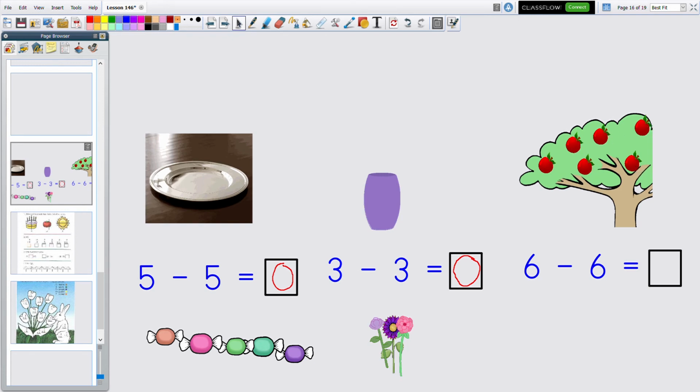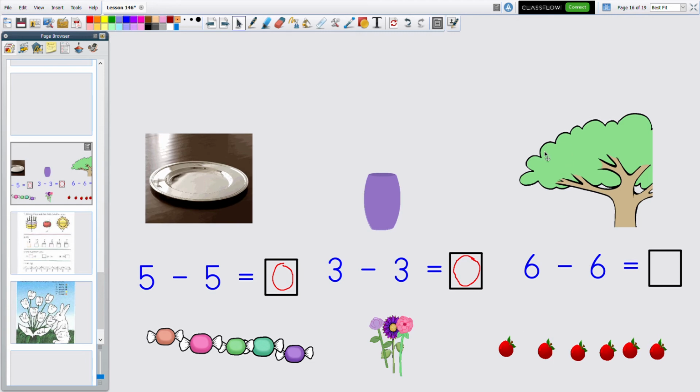We're going to pick those 6 of those apples. Let's see if we can pick. There's 1, 2, 3, 4, 5, 6. We had 6 and we took away 6.